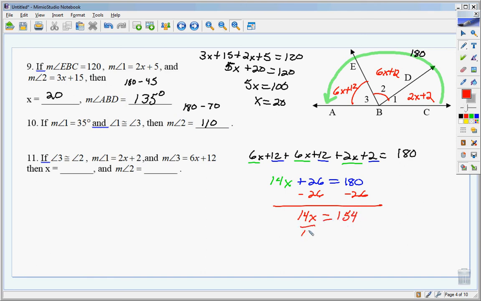So when I divide both sides by 14, I get x is equal to 11. That's the first part. They said find angle 2, so I can go up to angle 2. The measure of angle 2 was 6x plus 12. And where x is, I can replace it with 11. So I have 66 plus 12, which is a total of 78. So this is 78 degrees.